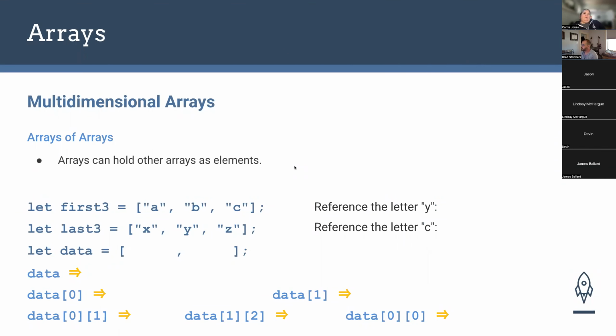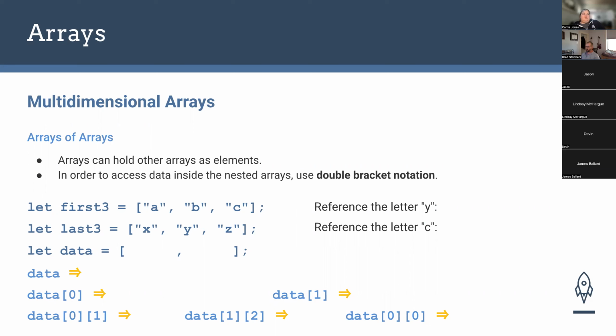Arrays can hold other arrays as elements. You can nest them. In order to access data inside the nested arrays, you want to use double bracket notation. So we're going to practice this. We've got let first3, and that's got 3 letters in it. Let last3, more characters.